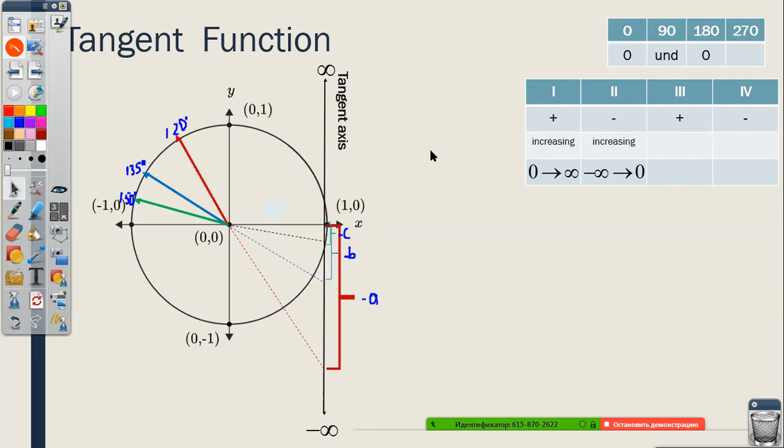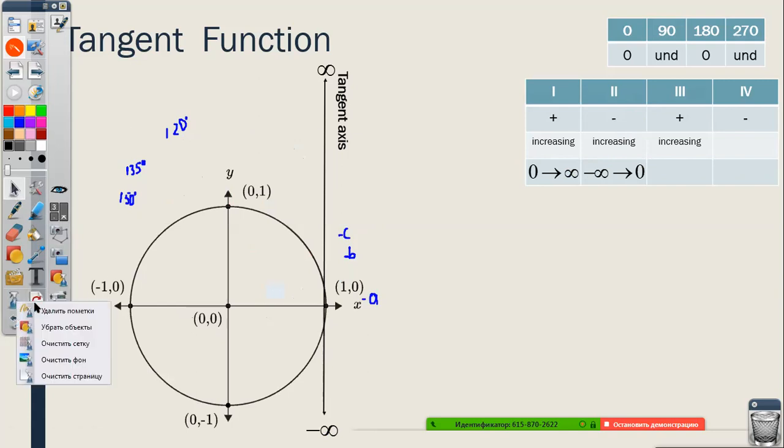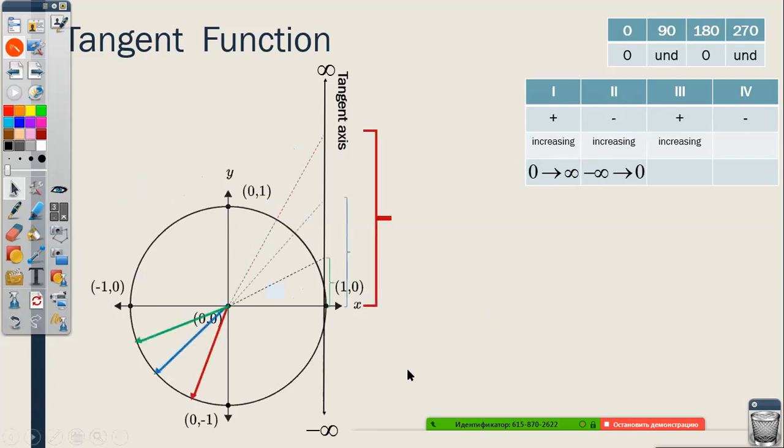Now let's see the third quadrant. Again three angles, for example 210, 225, and 240.